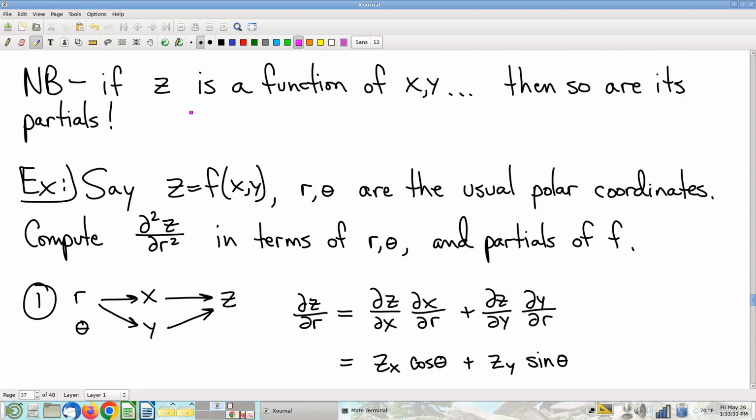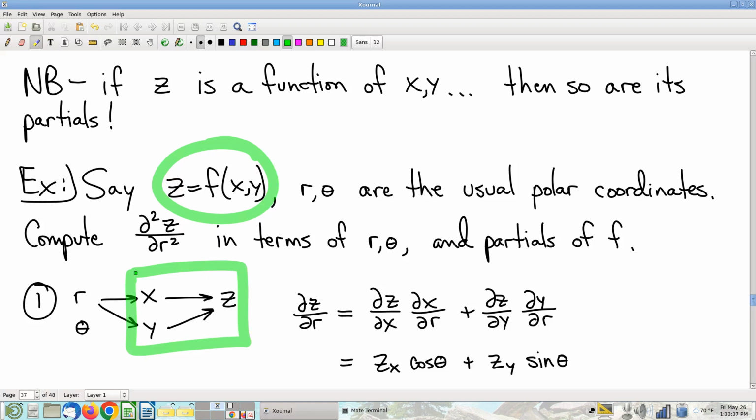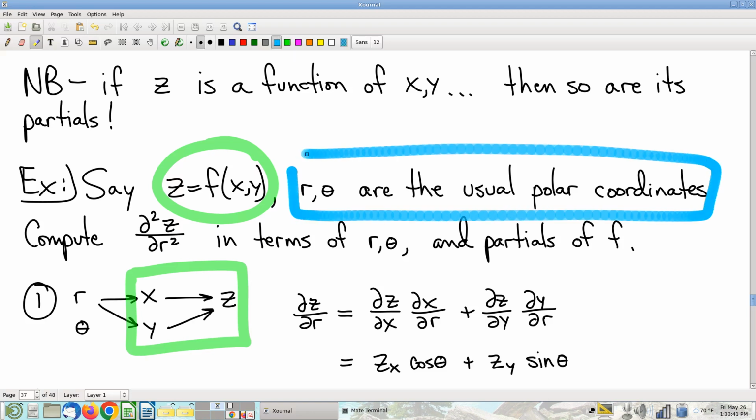Here's my scenario. Suppose you have z as being a function of x and y. Don't forget what r and theta are, by which I mean don't forget that x and y are functions of r and theta. And I remind you that's the point of view I like to take on polar coordinates. x and y are functions of r and theta.